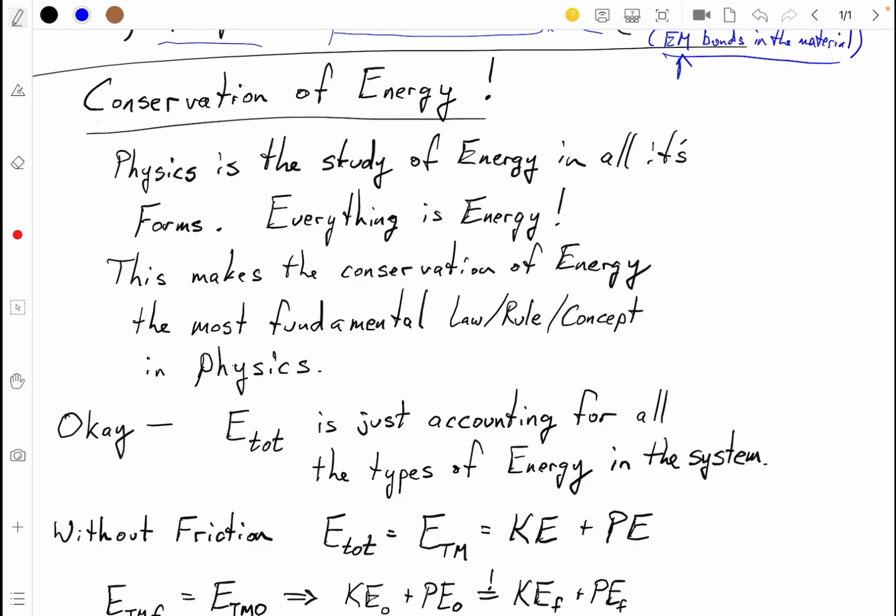Conservation of energy. So physics, I've said this probably 10 times, maybe once, at least twice, is the study of energy. And energy is all of it. Mass is energy. Charge is energy. Information is energy. You name it. Everything's energy.